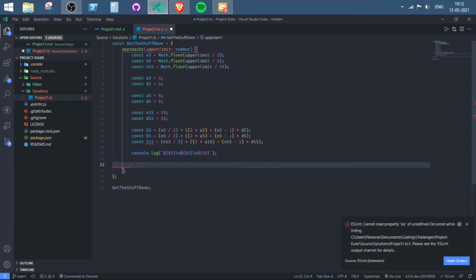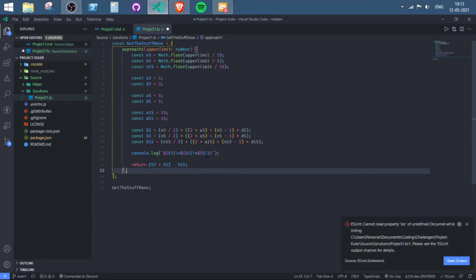And we are gonna write s15 right here, and we are gonna return s3 plus s5 minus s15. So what about we go ahead and try this one first, and we can do the next approach after that.